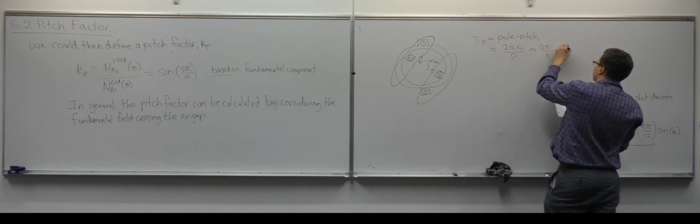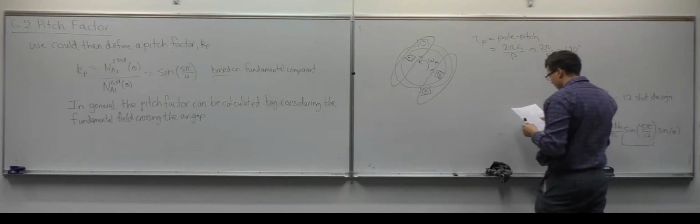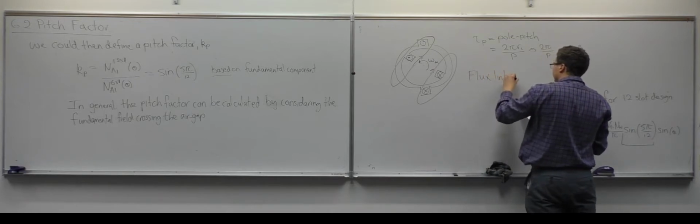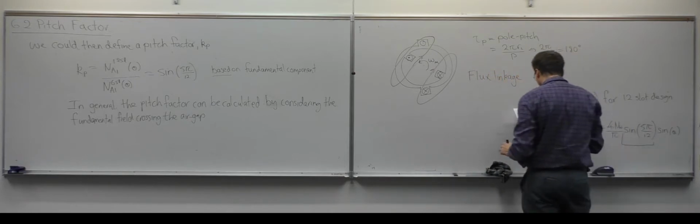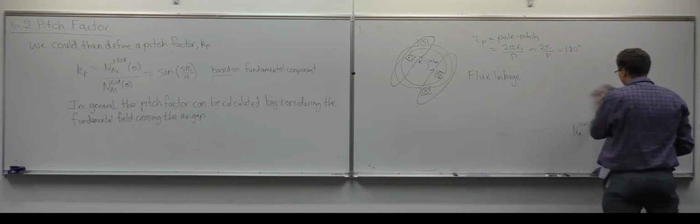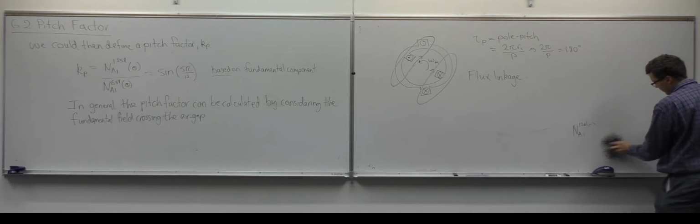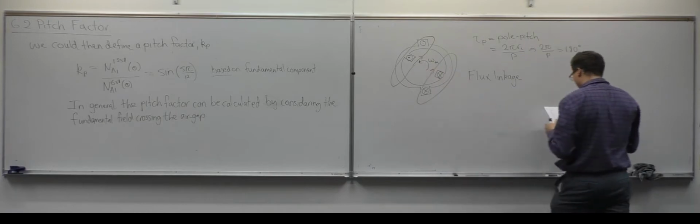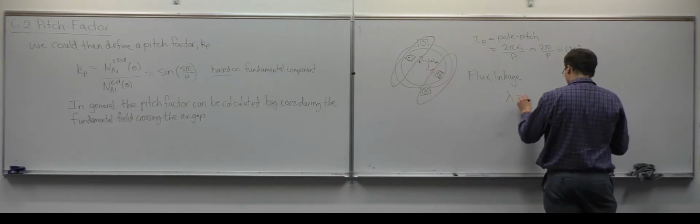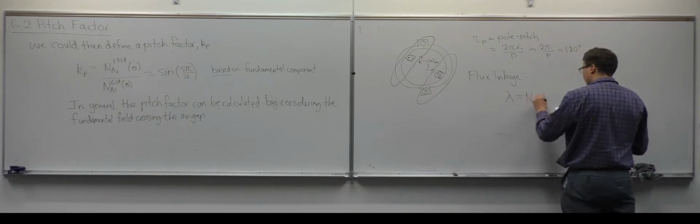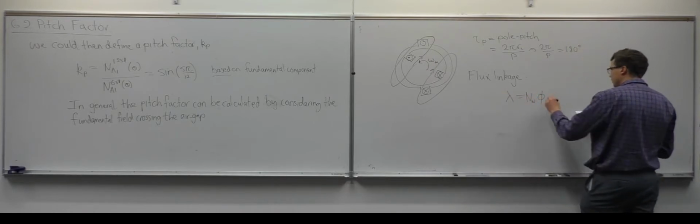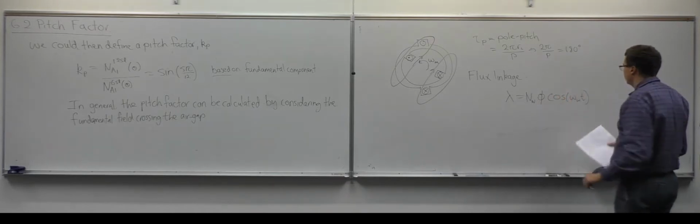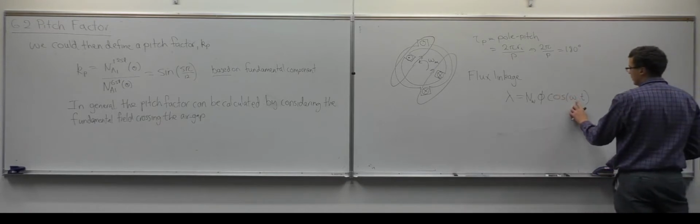So it's going to be 180 degrees, and then the flux linkage in this example between the rotor and the stator, as a function of the angle, could be written as the number of turns on the coil times the maximum flux times cosine of omega, a mechanical omega m times t.